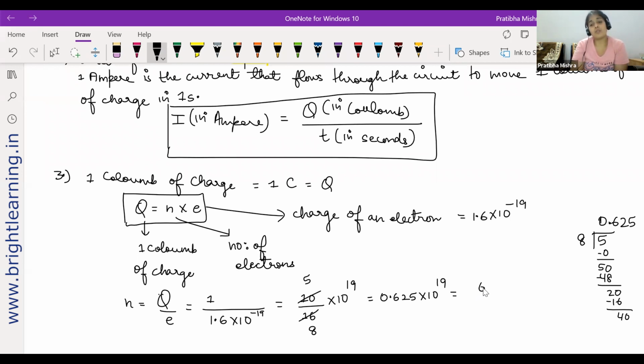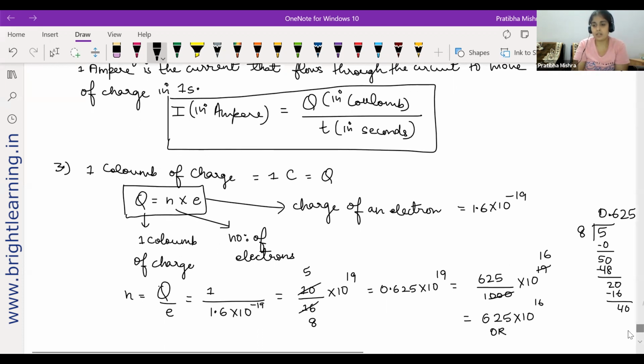Now 0.625 is 625 by 1000 into 10 to the power 19. Then we can cancel out the zeros. Here we have 19 and here we have 3 zeros, so it becomes 10 to the power 16. You can express this as 625 into 10 to the power 16. Or if you want to be more specific, let me scroll down.